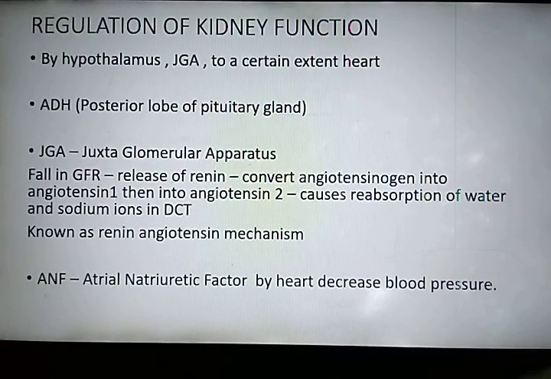So I repeat once again, whenever there is an increase in blood flow to the auricles of the heart, at that time the heart releases atrial natriuretic factor or ANF, which causes vasodilation or dilation of blood vessels, which in turn decreases the blood pressure, and this ANF keeps a check on the renin-angiotensin mechanism. With this, regulation of kidney function is complete.